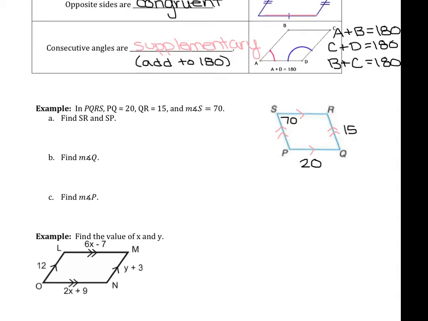In part A, we're looking for the length of SR and the length of SP. Since SR is opposite PQ, we know that SR and PQ are congruent, so SR is 20. Then we're also looking for the length of SP. Since SP is parallel to RQ, we know that they are congruent to each other also, so SP is 15.